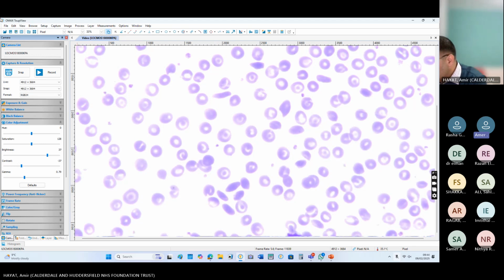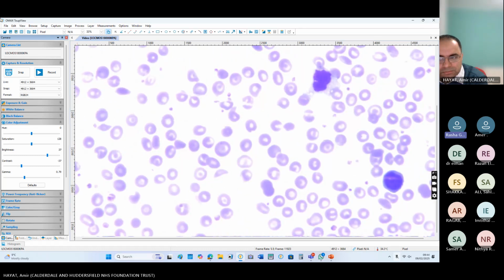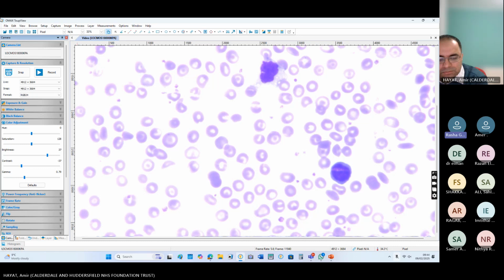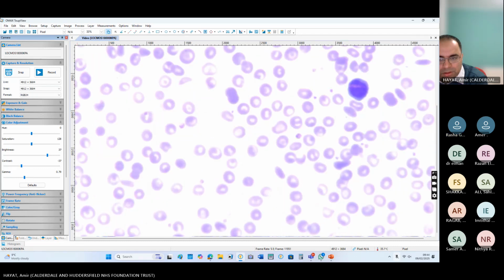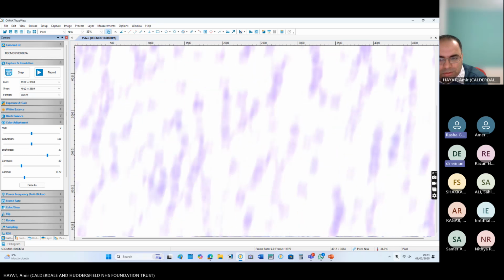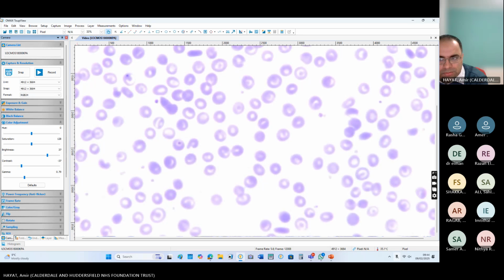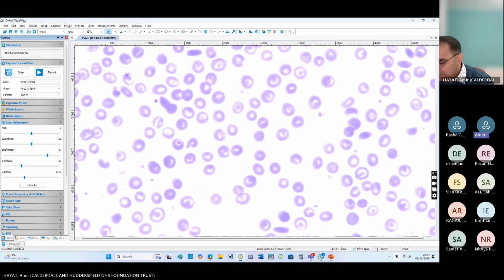Can you tell your colleagues why you are thinking this is sickle beta and not homozygous sickle? Because beta thalassemia comes with a high A2 level, and it comes with target cells. In the presence of sickle cell, A2 does not carry any value.